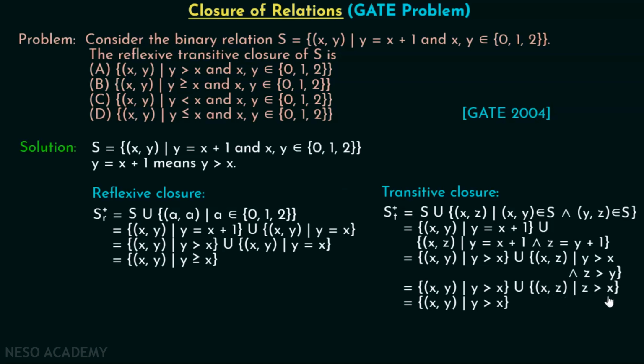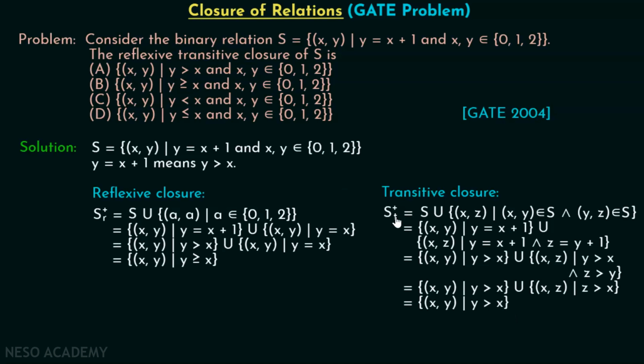Doesn't matter, right? Here also we are considering the same set, that is the set of all ordered pairs x comma z such that z is greater than x, right? So we can easily replace this statement by the set of all ordered pairs x comma y such that y is greater than x. Therefore, eventually we will get this set, that is the set of all ordered pairs x comma y such that y is greater than x, okay?